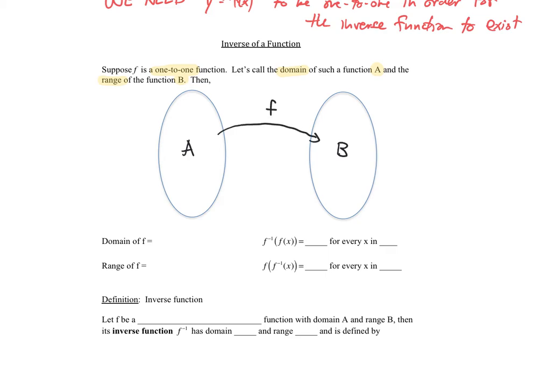And what we're trying to say is that f inverse is going to go in the opposite direction. So f inverse is going to go from B to A, and we label that function f inverse as f to the -1, but that's not an exponent symbol, that's a notation for the inverse. So let me make a note about that.